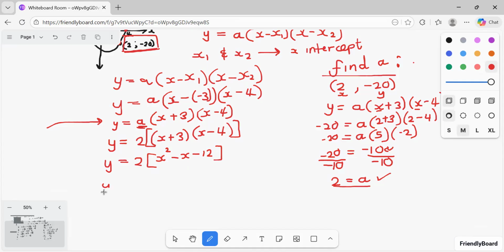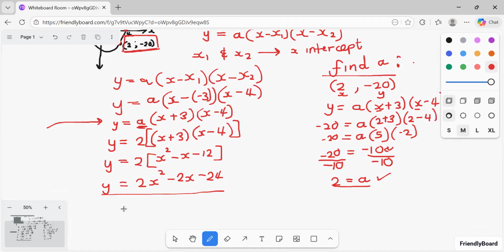So y is going to be equal to 2x squared minus 2x minus 24. You see, I managed to find the equation of the parabola. So my y is equal to 2x squared minus 2x minus 24.